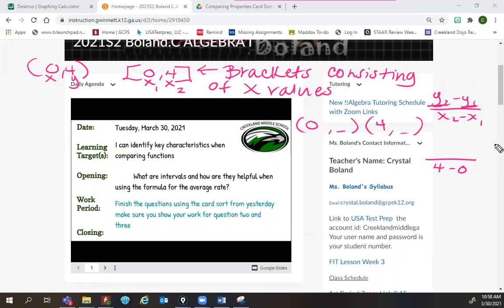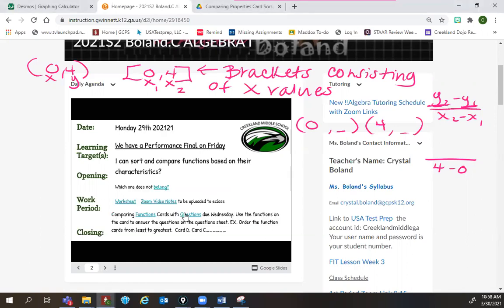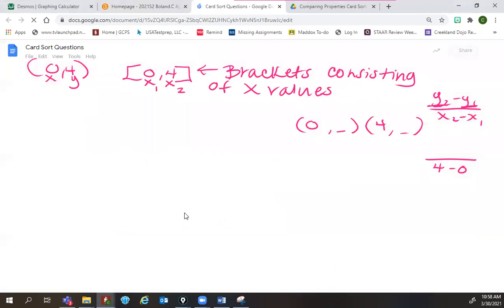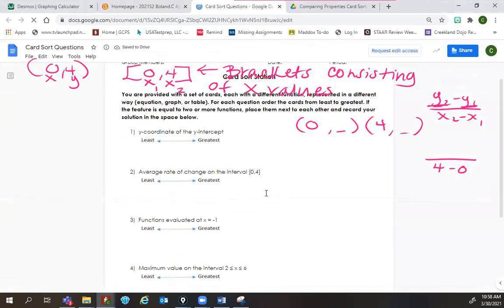So yesterday, you were asked in the card sort activity, I'm gonna let you guys finish that today, but in the card sort activity, you guys were asked about intervals. So I'm gonna go back. So number 2, it says that you're supposed to take all of those 8 cards, right?